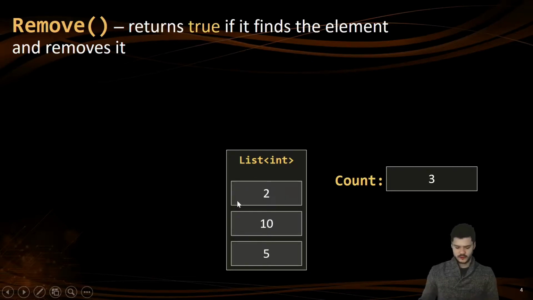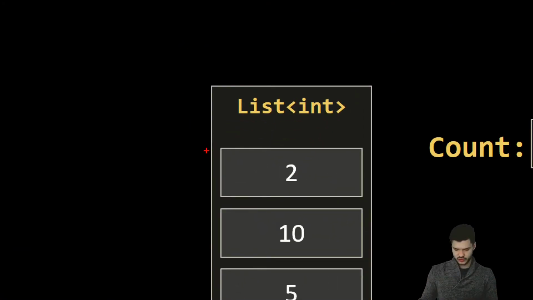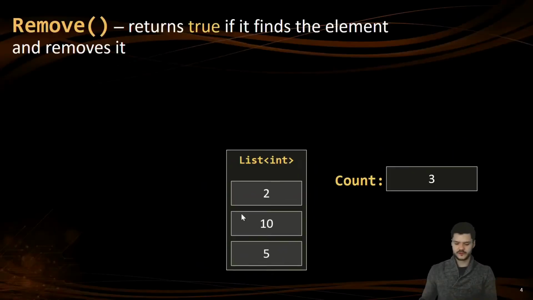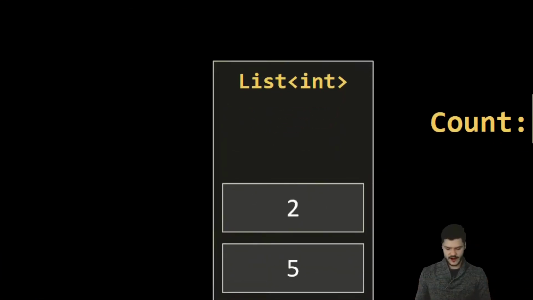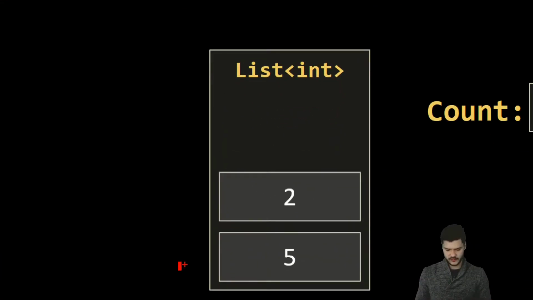So right now 2 was at index, this is index 0, 1, and 2, right? And then when we remove the element 10, 2 becomes index 1, right?